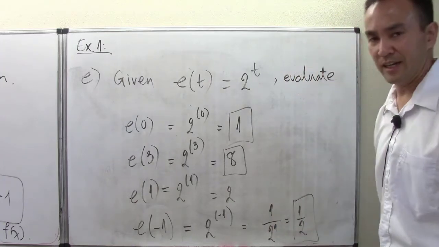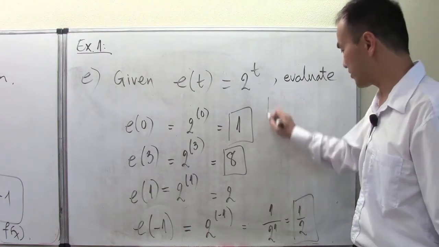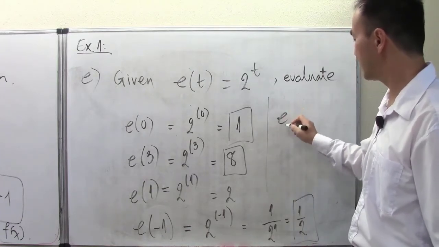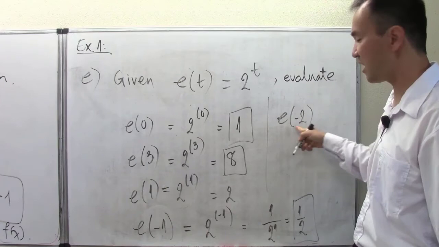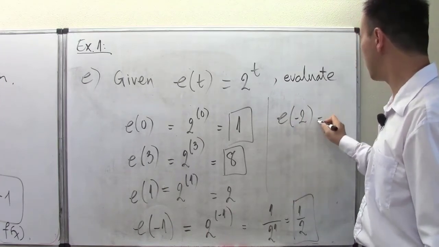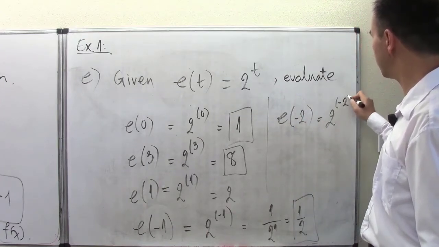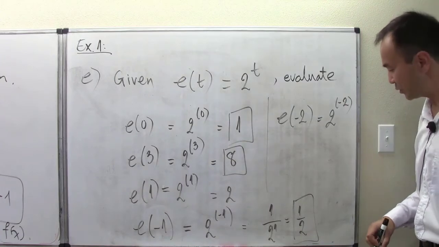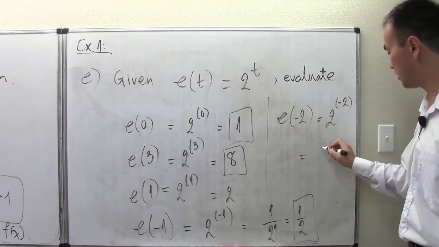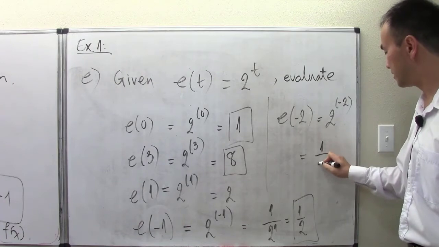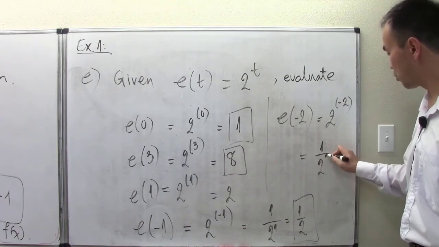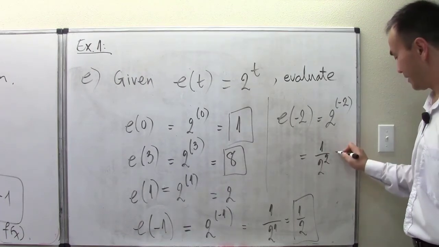Another extra one in this problem, e of -2. It equals 2 to the negative 2, and 2 to the negative 2 algebraically equals 1 over 2 squared.